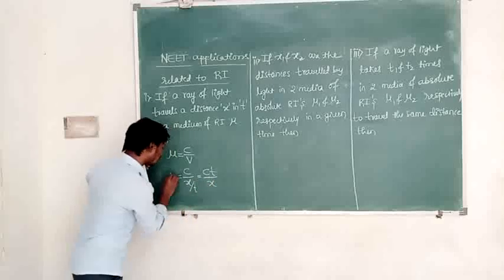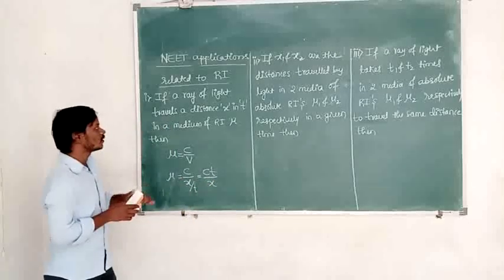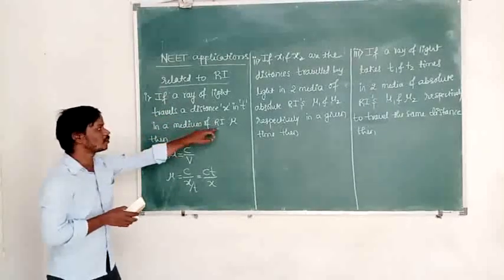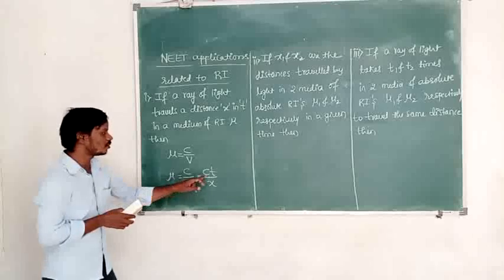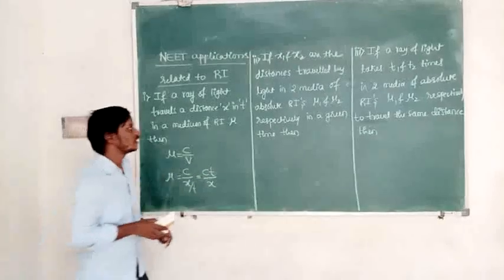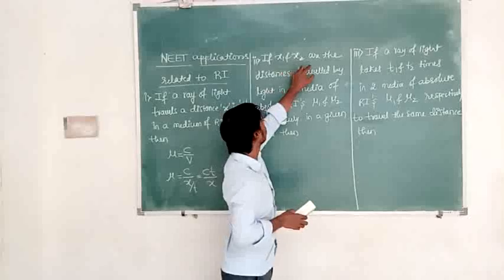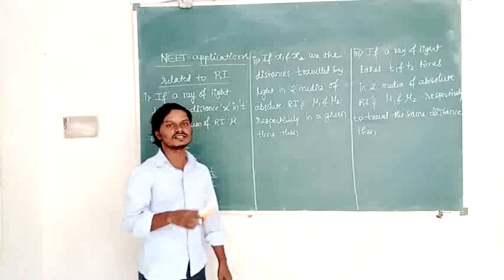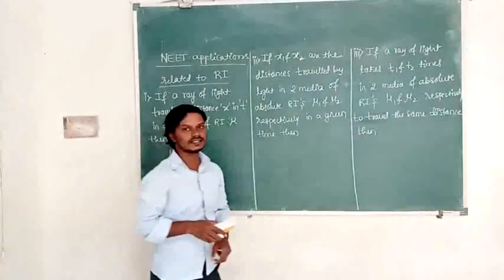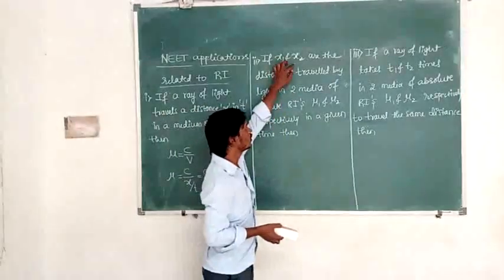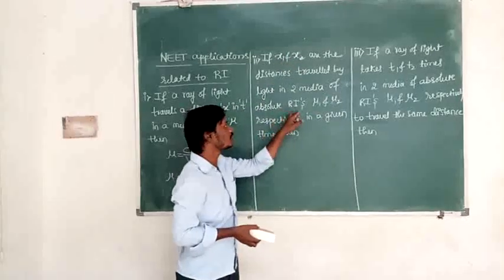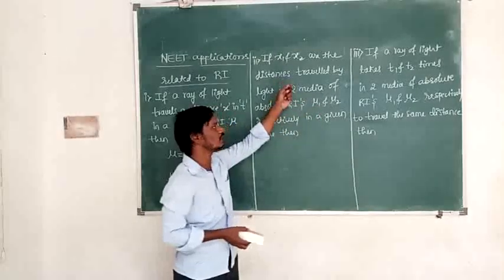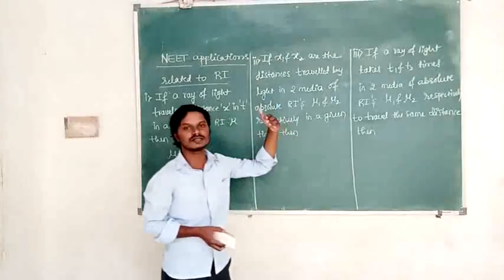So what is the expression for refractive index when the ray of light travels a distance x in the given time t in a medium of refractive index mu? That is mu is equal to ct by x. Then next, if x1 and x2 are the distances travelled by light in two media of absolute refractive indices mu1 and mu2. mu1 is the refractive index of the first medium, and mu2 is the refractive index of the second medium.